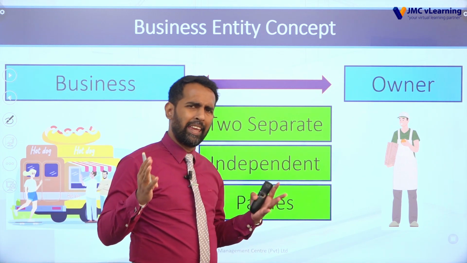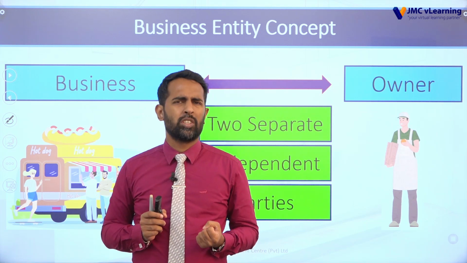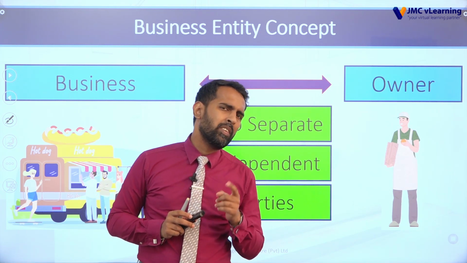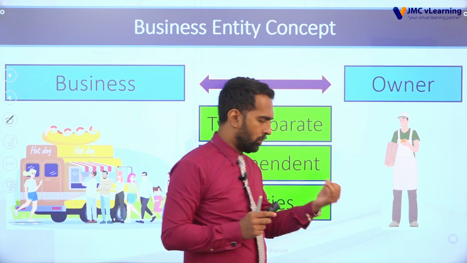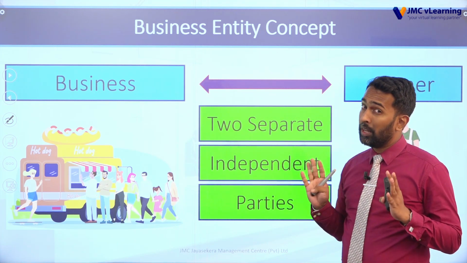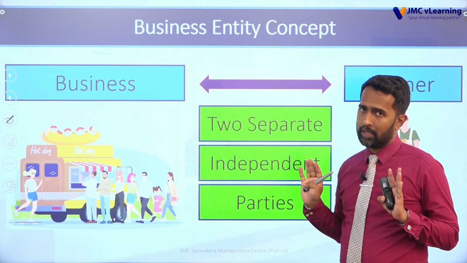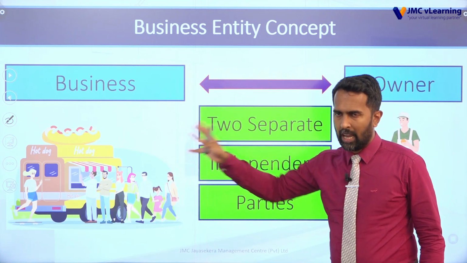Now why are we saying that, for the accounting equation, the business entity concept is important? The reason is, let's say I am the owner of a business. As per this concept, the owner and the business are two different parties. Now I have pumped money into this business.